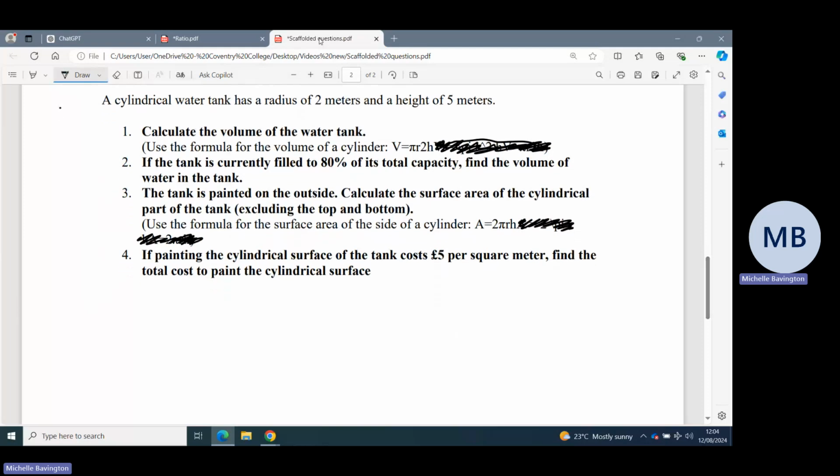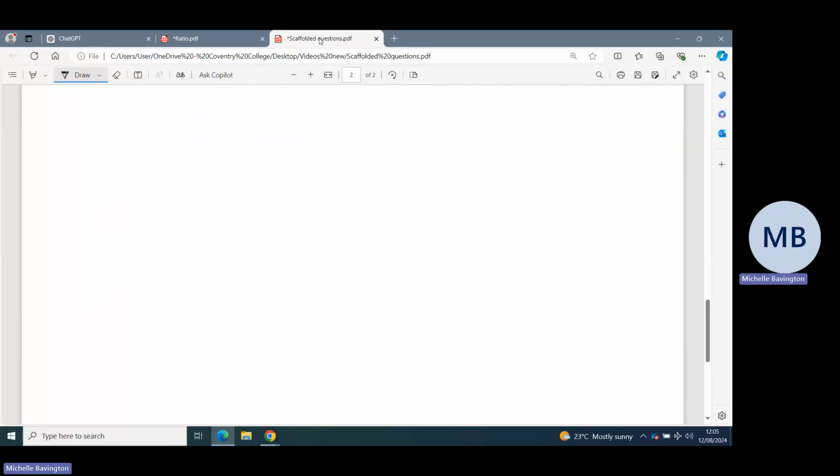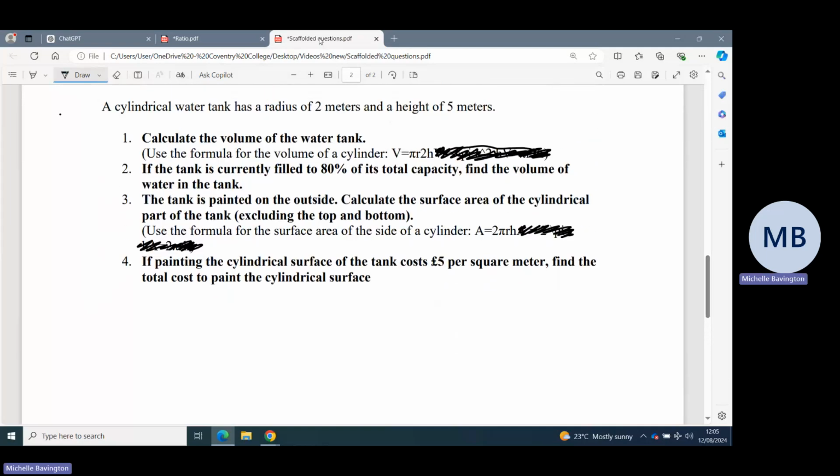Now, I've done a video on finding the volume of a cylinder. If you want to watch that first, by all means, please have a go. You will have to watch that video if you're unsure, but it does give you the formula here to use here and here, and then that's just a costing.